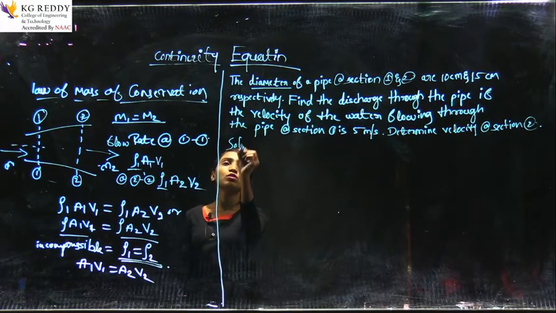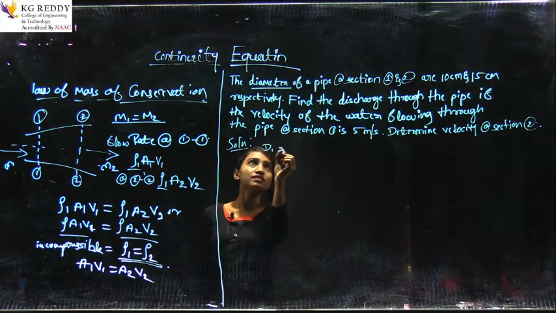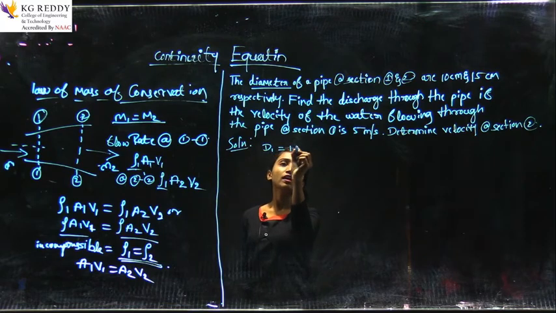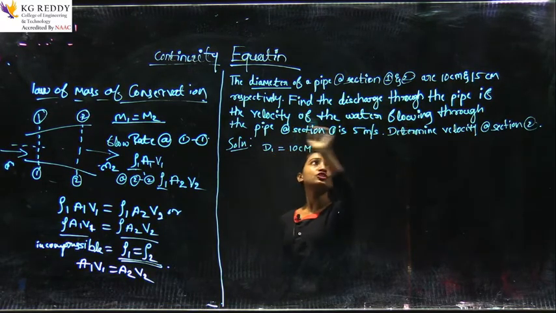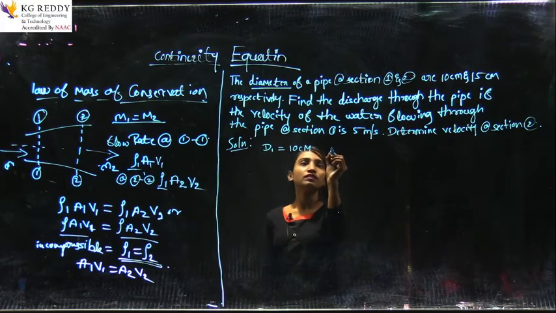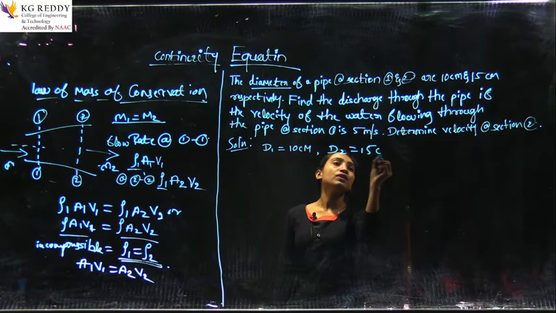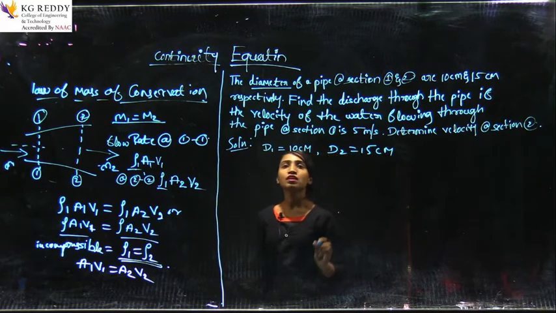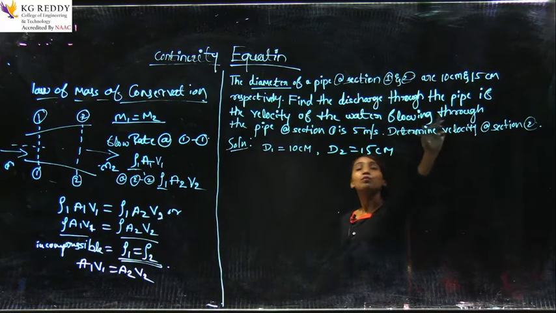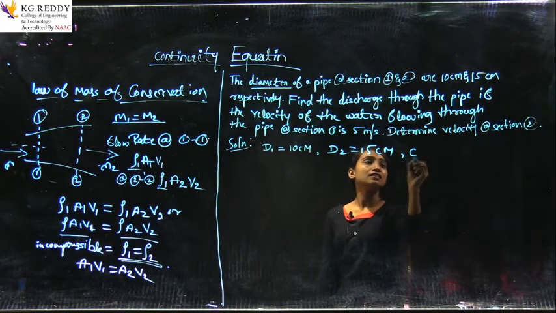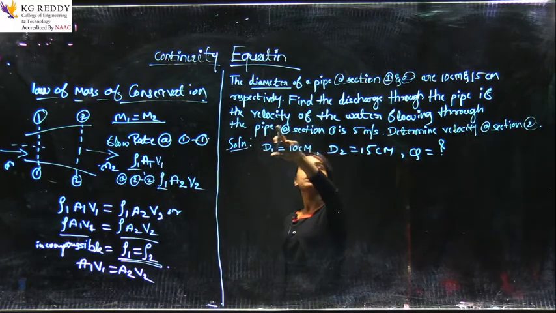This is the solution. Diameter at section 1 is D1, that is 10 centimeter, and diameter at section 2 is D2, that is 15 centimeter. Find the discharge through the pipe. They ask for the discharge through the pipe.